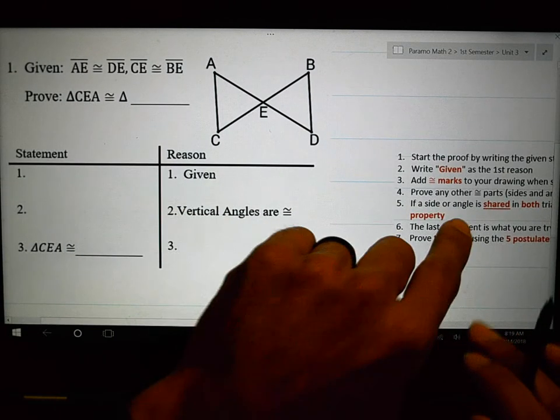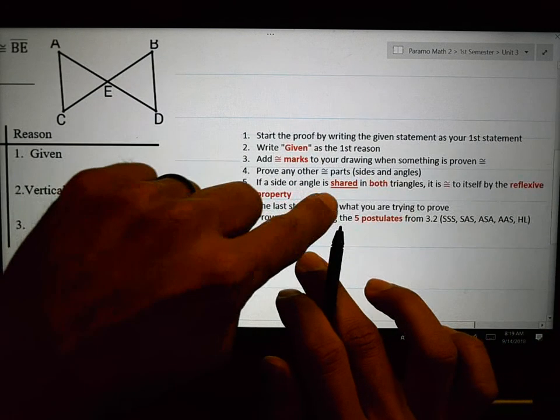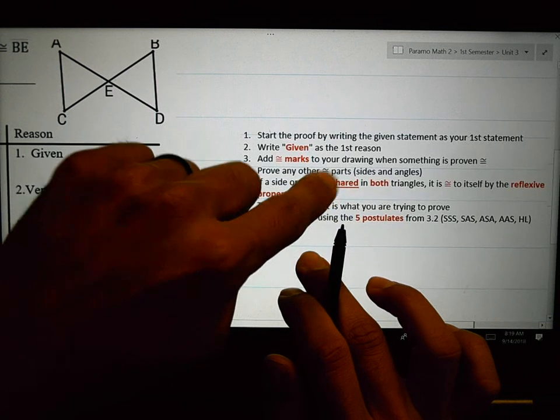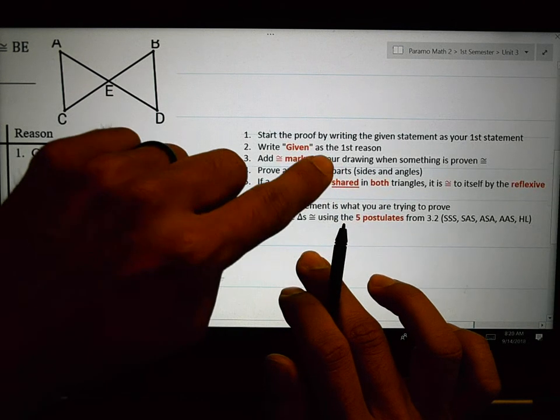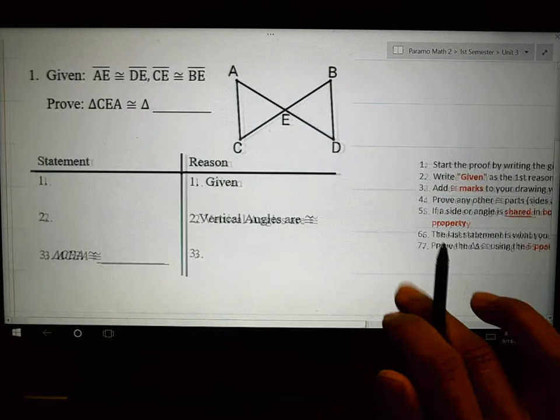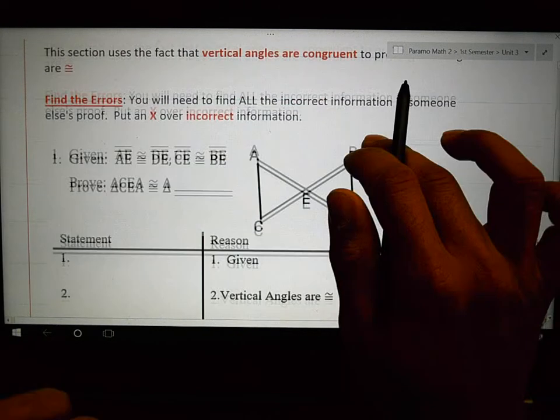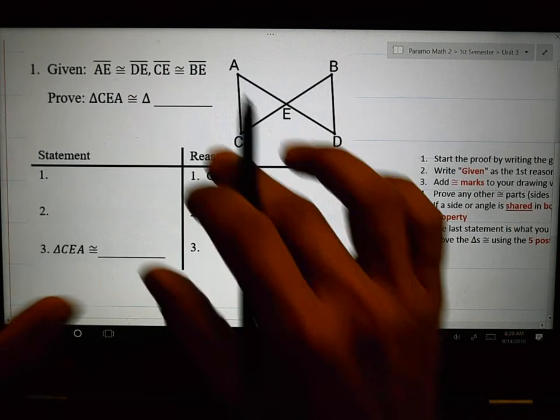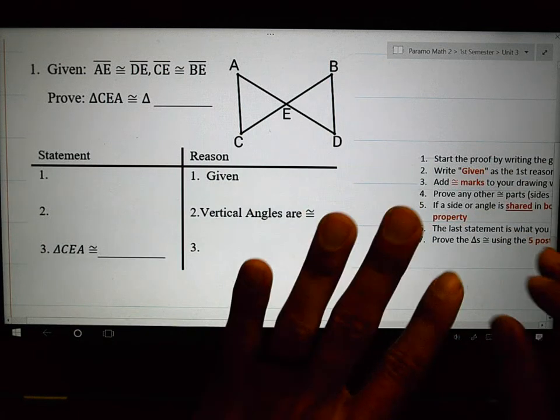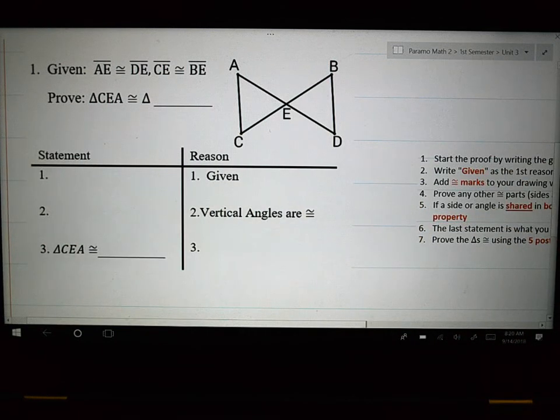You already wrote down these 7 things that I have over here. You do not have to write them down again. But since my directions were to use the 7 steps in 3.3a, I decided to have the 7 steps over here so that I can reference them as we do the problem. This should match your number 1 on your worksheet.